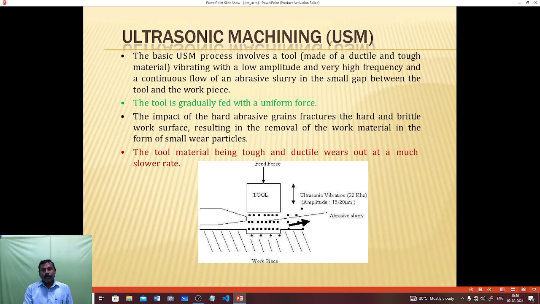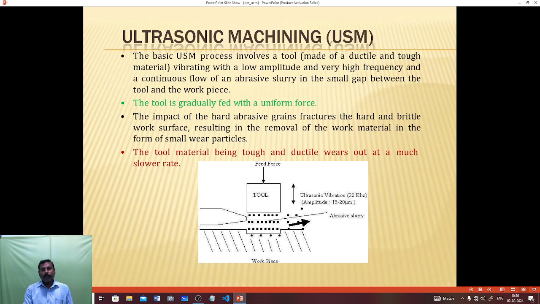Then ultrasonic machining. The basic ultrasonic machining process involves a tool made up of ductile and tough material vibrating with a low amplitude and very high frequency, and a continuous flow of an abrasive slurry in the small gap between the tool and the workpiece. The tool is gradually fed with a uniform force.